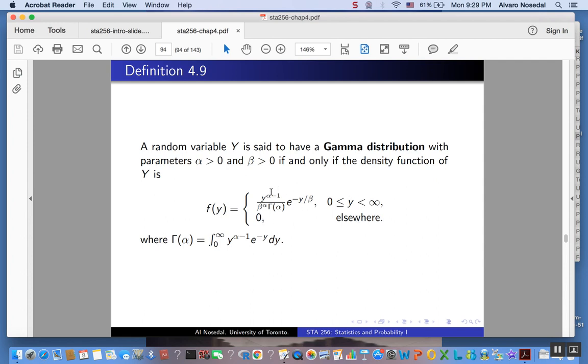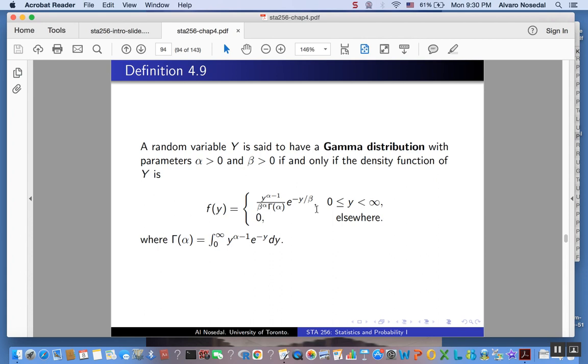So the non-zero part, the important part, is this: y to the alpha minus 1 divided by beta to the alpha times gamma evaluated at alpha, times e to the negative y divided by beta. Now, before we keep going, I already mentioned that we are familiar with the gamma function, and this is a reminder of how you define it. But let me say something more.